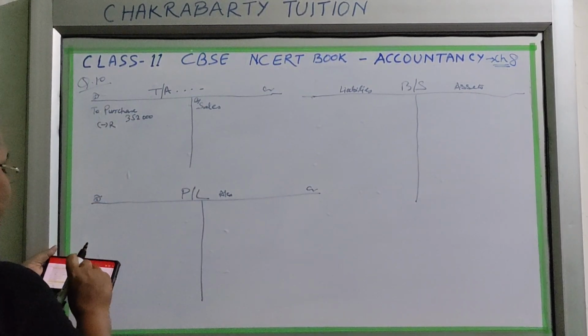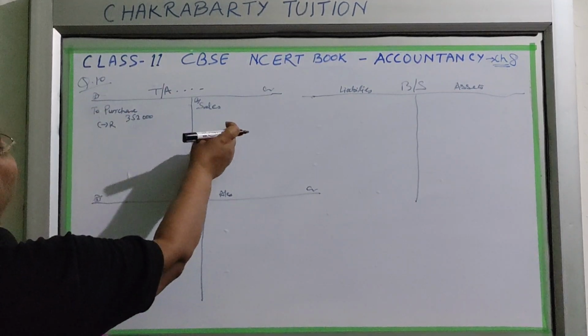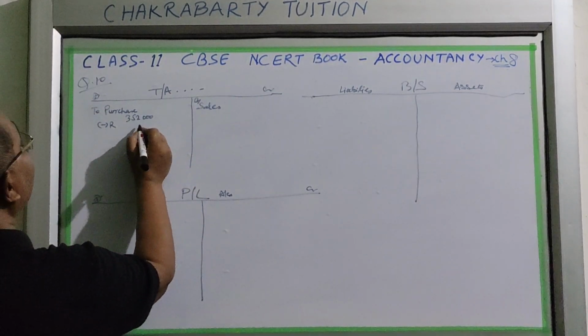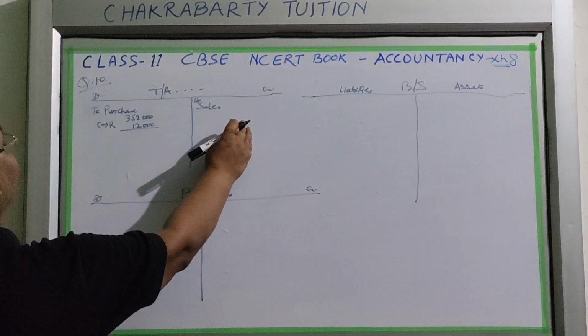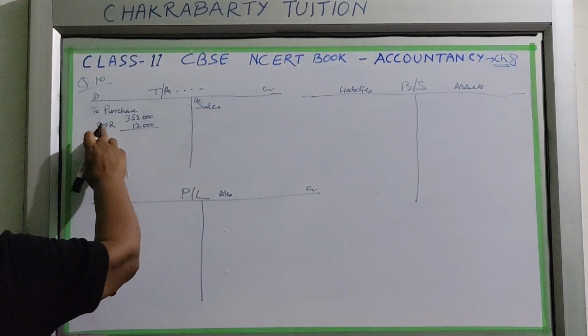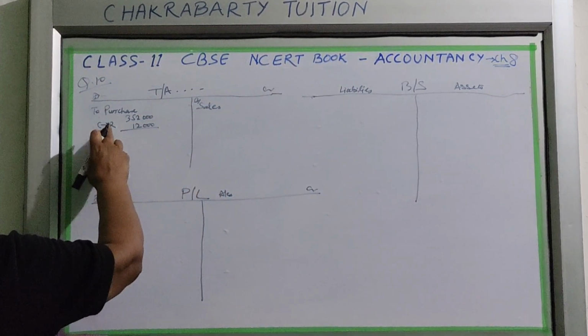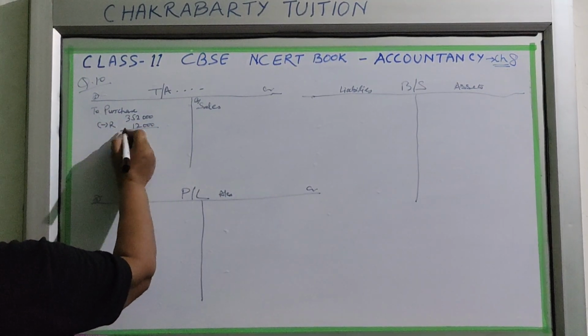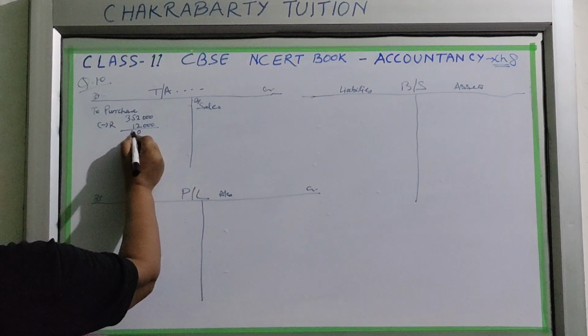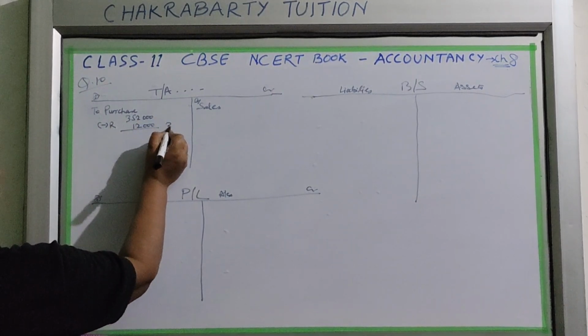It means it should be the credit item, changing its side. So the credit item is your 12,000. Then only it will come here with the minus sign. This minus sign you always know, purchase is always minus, so this return is always minus. So 3,40,000 will come out.